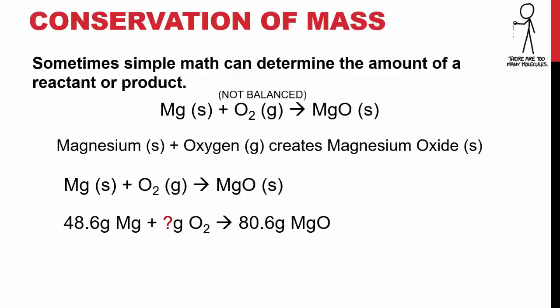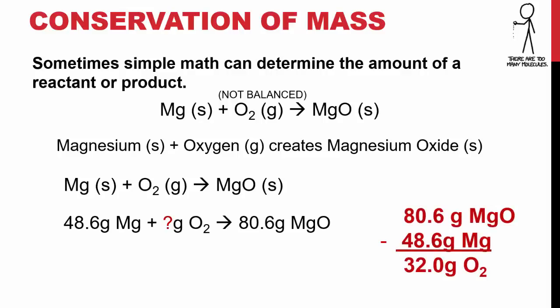Very simple math lets us determine how much oxygen gas we needed. If you subtract one of your reactants from 80.6, which is your product, you get a difference of 32.0 grams, which represents how many grams of oxygen were needed to complete this formula.